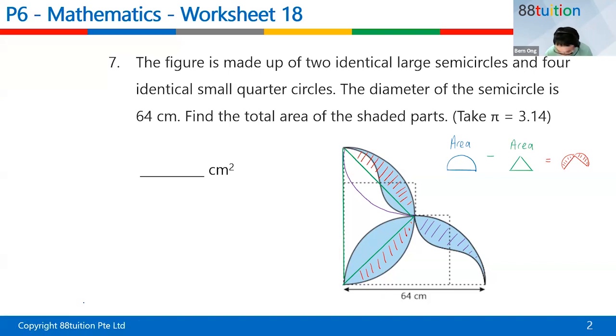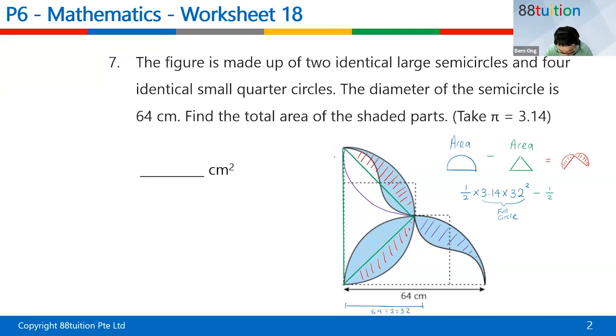So we have the area of semicircle, which is half times pi times radius. The radius down here is 32. Half pi r squared. So this portion here will be the area of a full circle, minus the area of the triangle, half times base times height.